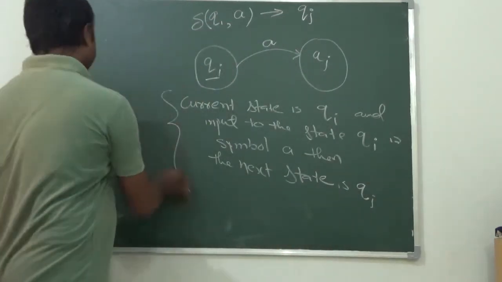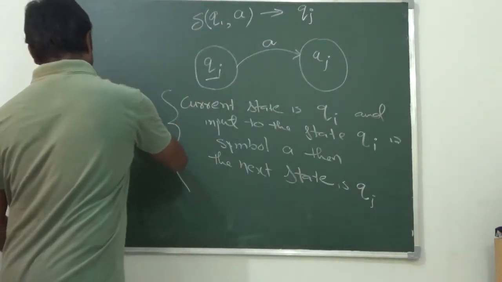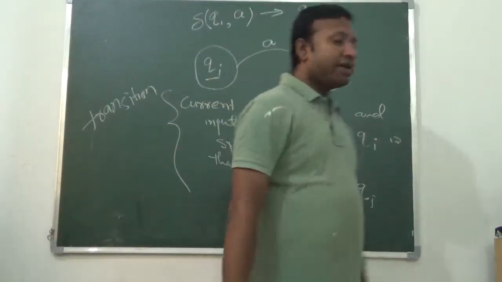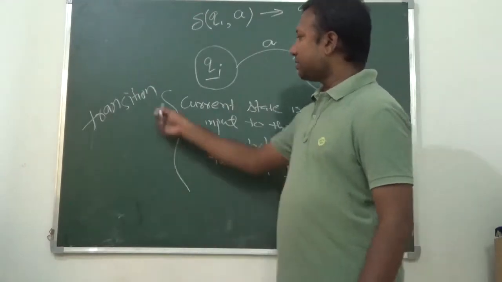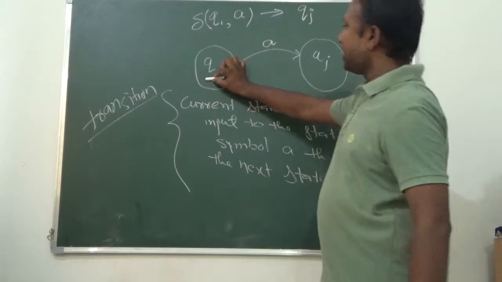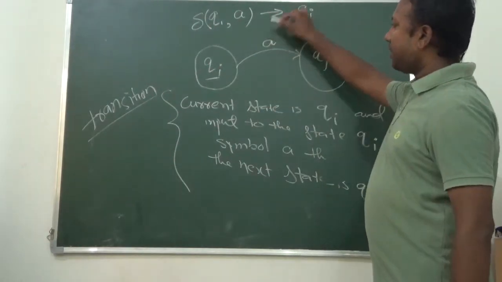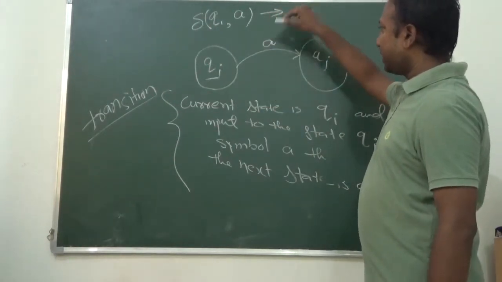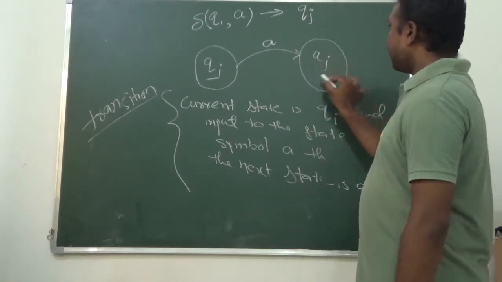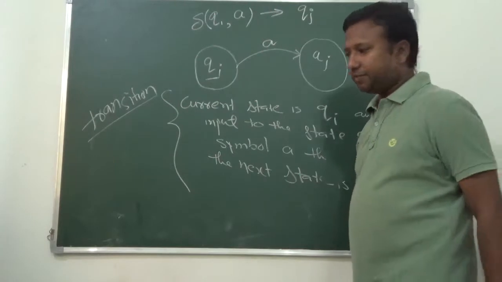That is the meaning of transition. So if the current state is Qi and the input which the machine or this model is reading is A, then the next state will be Qj.